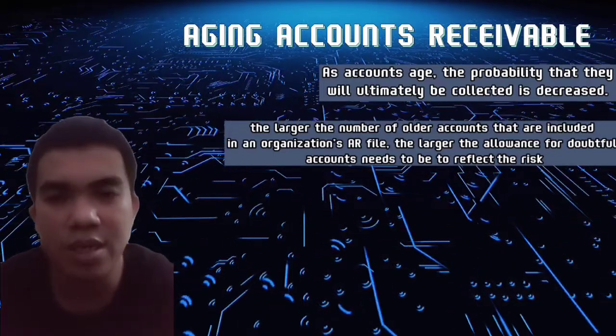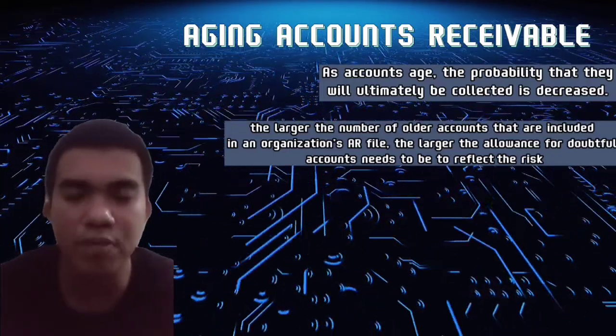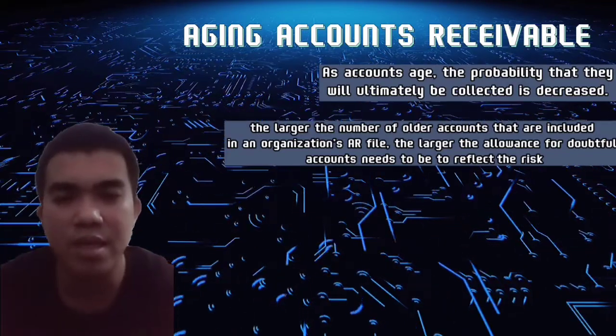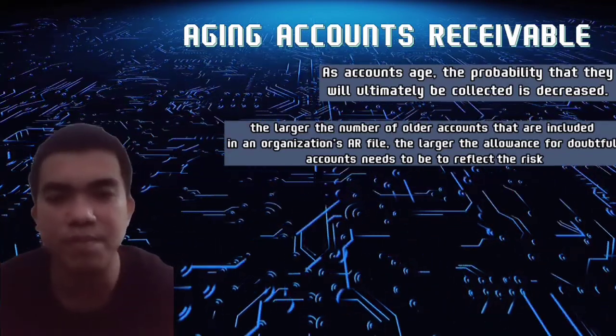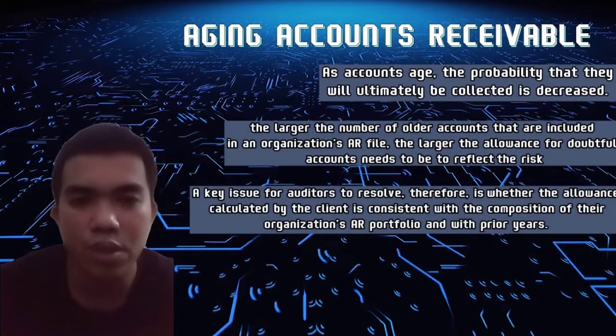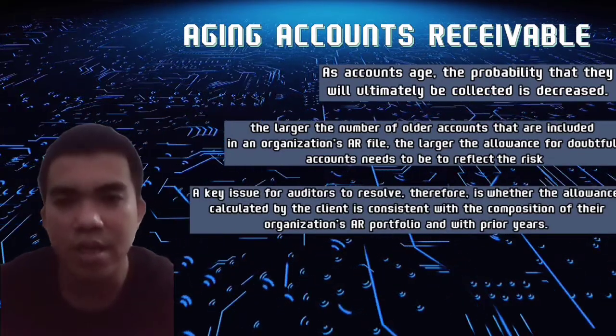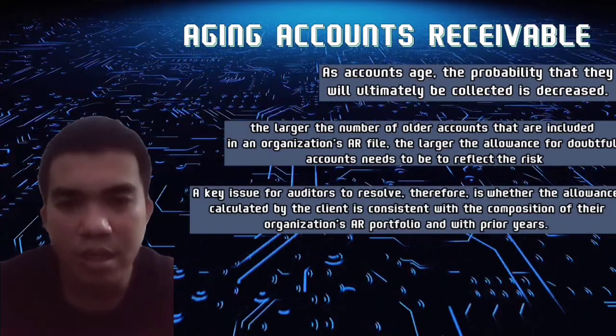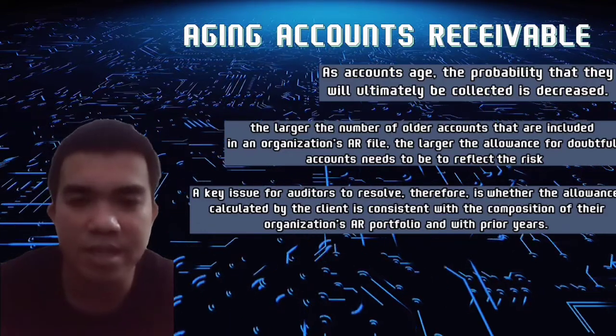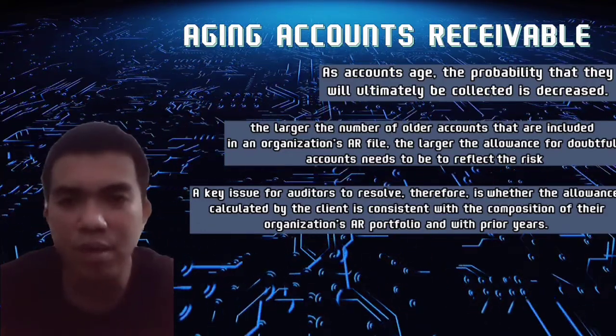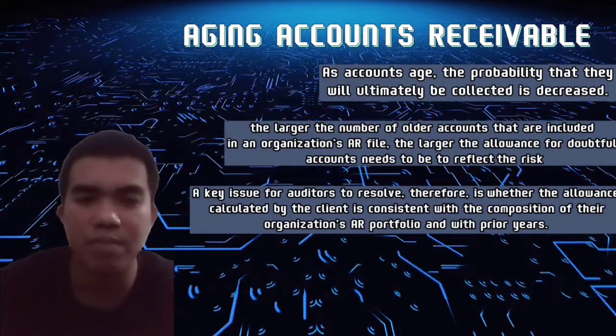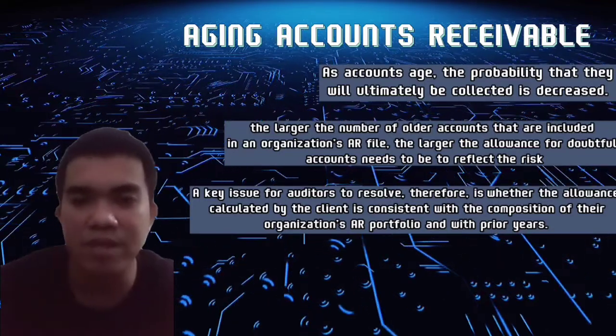Historical trends in collection success play an important part in estimating the bad debt losses for the period. A key issue to resolve by the auditor is whether the allowance calculated by the client is consistent with the composition of the organization's AR portfolio and with prior years.